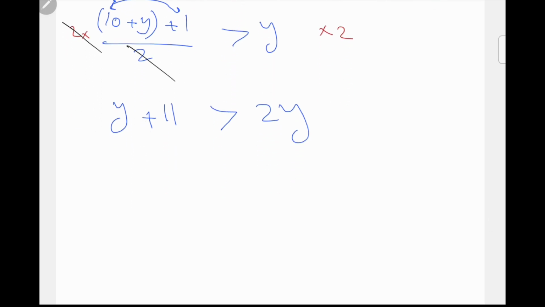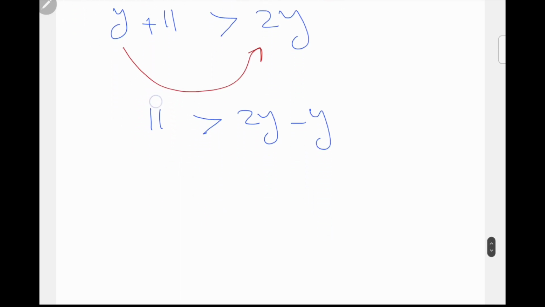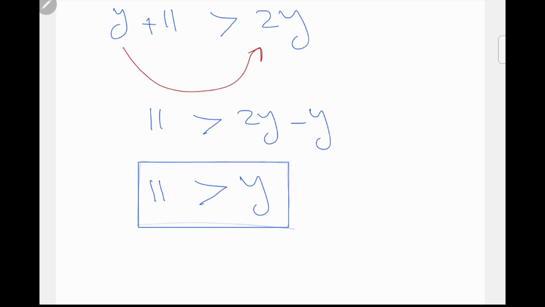Now you take the y to the other side, collecting terms. Then we have 11 is greater than 2y minus y. So in this case, we have 11 is greater than y. So that's basically the inequality.